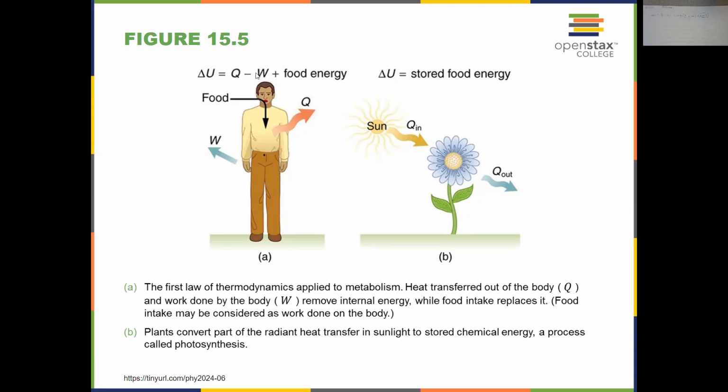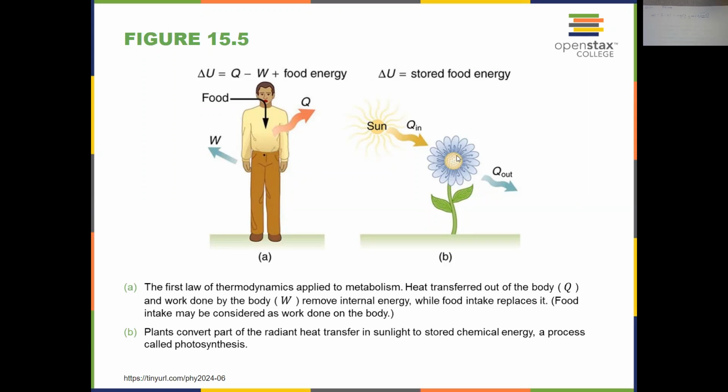If we are doing work, for example walking or lifting some loads, then we are doing work on the outside environment. And if we are eating food, energy also comes in with the food. So the change in the internal energy of our body is equal to Q minus W, and in this case we have an extra chemical energy taken in with the food.